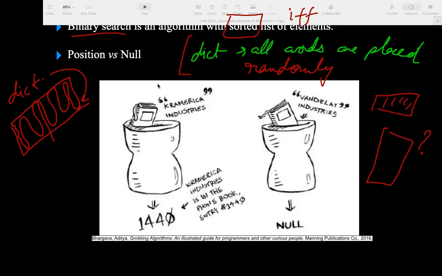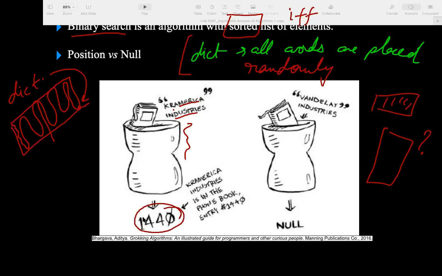Correct. So here is an example where we are trying to find Cramerica Industries in a dictionary, and we found that this entry, this is a phone book, is over here, right?